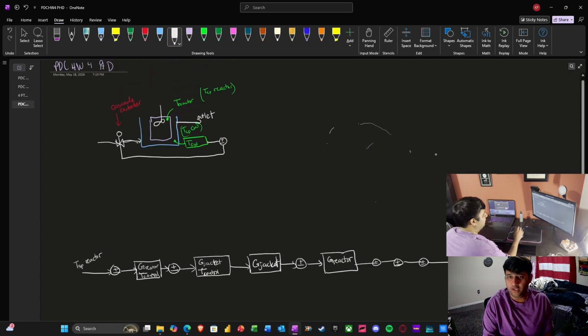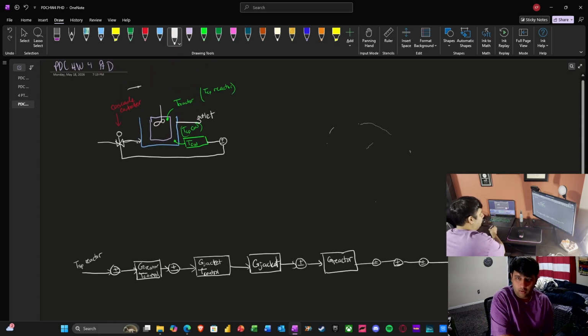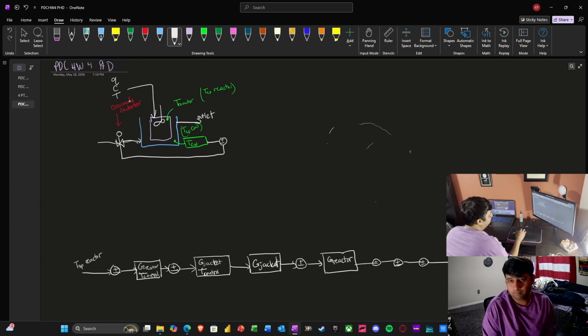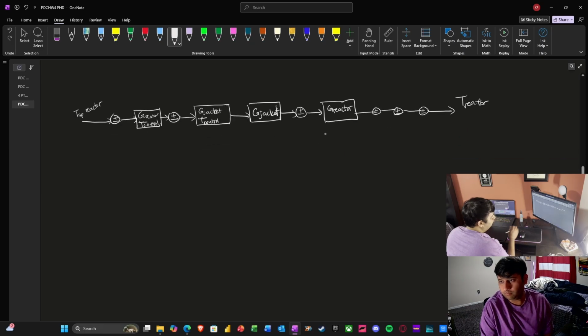And why? Because if you think about our tank, we're going to be able to control the flow rate, concentration, and temperature of our feed.